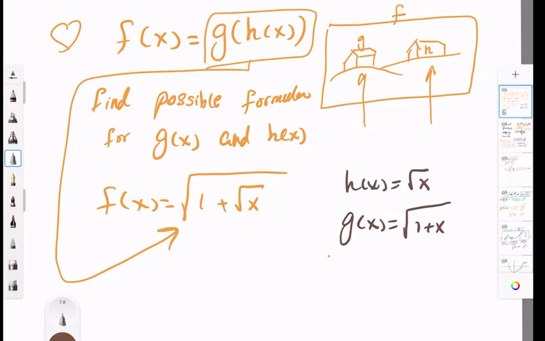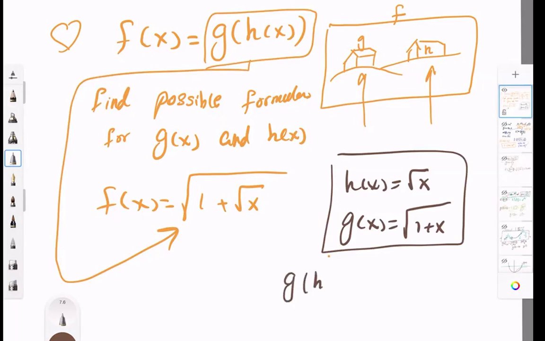Very nice, David, very nice. So that's true. We might have different types of functions, but one of them is this one. So he said h of x is root x, g of x is radical 1 plus x. If I compose g of h of x, what do I get?